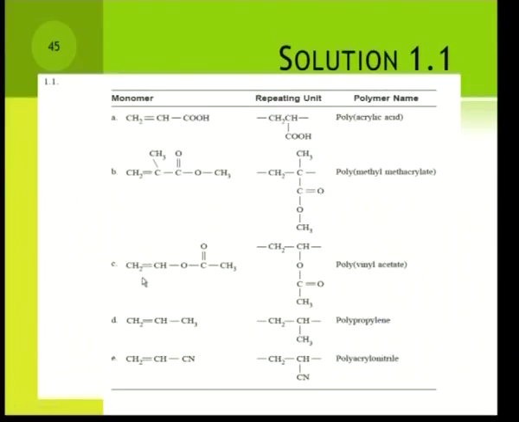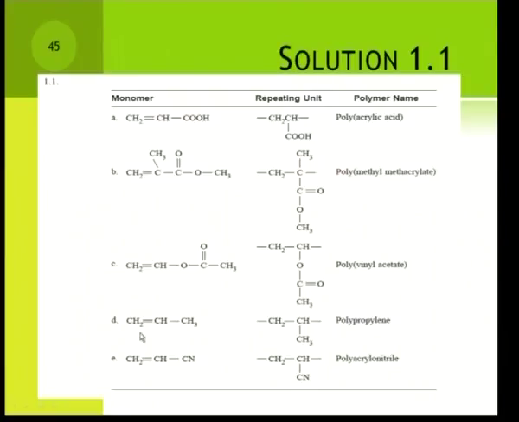Now let us move on to the third molecule, CH2=CH-O-CO-CH3. Here again the double bond is separated, and this polymer is called polyvinyl acetate. This is your main chain, repeating unit, and this is your side group.